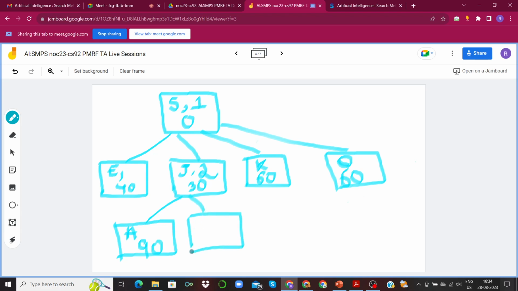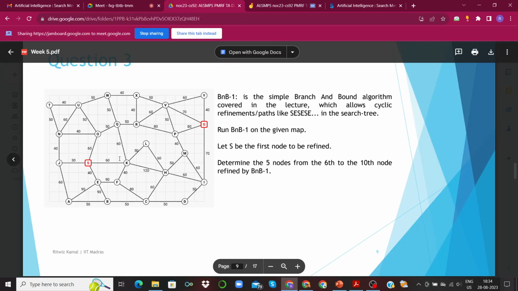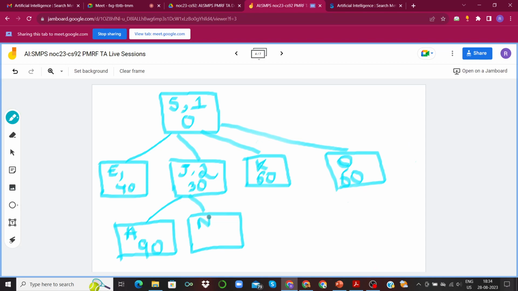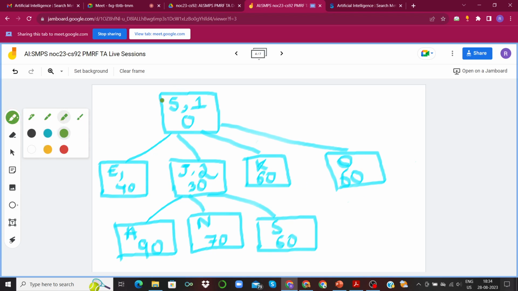Similarly, we could also go from J to N with total cost 70, or we could go back to S with total cost 60.